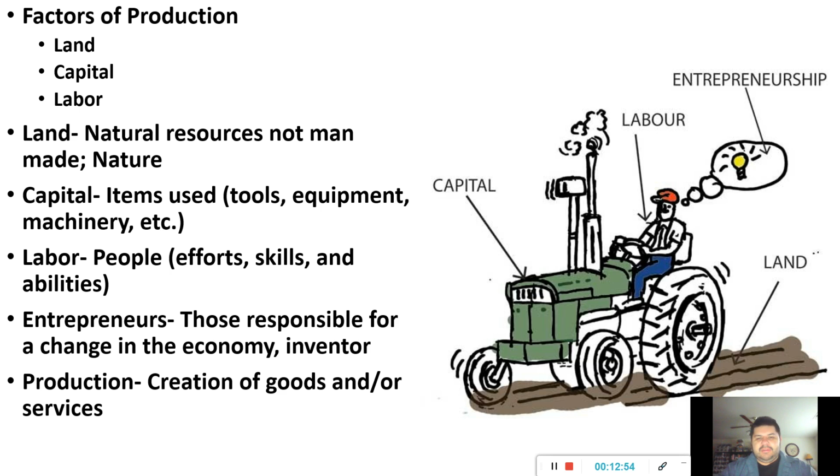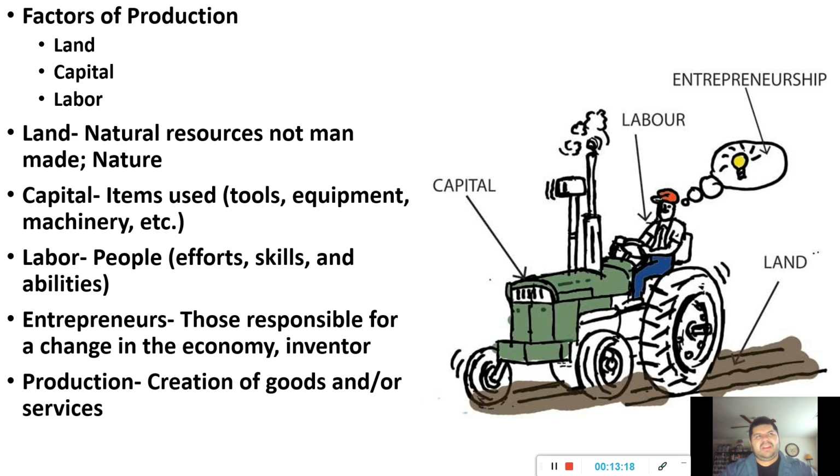Now capital is basically items used: tools, equipment, things like that. For teachers, it's pencils, markers. For farmers, tractors, hoes, things like that. So every job has different things that are considered capital. Even chairs sometimes, I think, are technically capital.